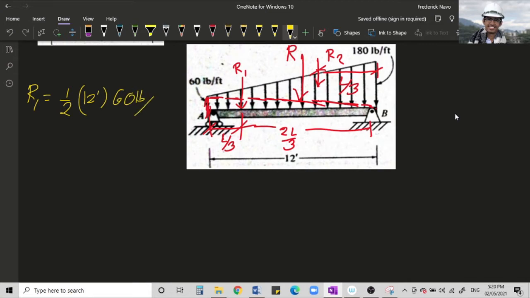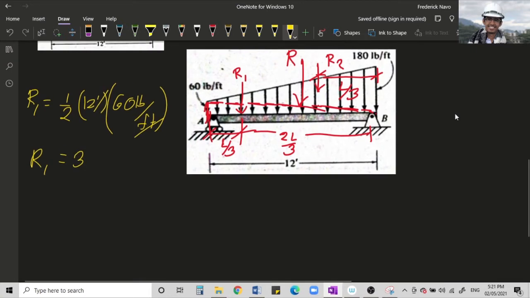Okay? So, what comes out here is force because the feet cancel. So, our R1 will be equal to 360 pounds. Okay?